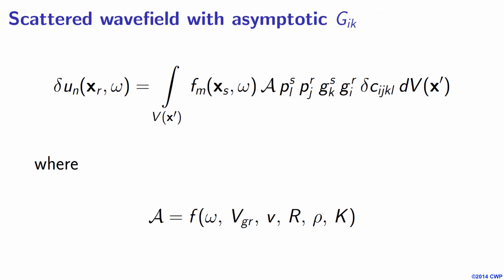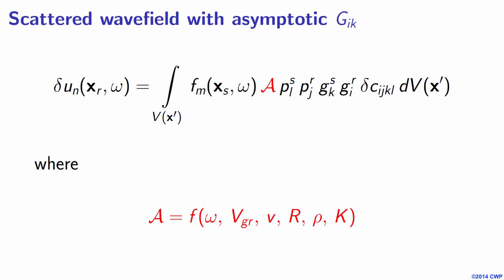So now you've got this huge expression, but I'll walk you through the entire thing. The perturbed wave field at xr is an integral which contains fm, which is the source density function at the source location. Then there's a term a, which is a function of the frequency, the group velocity, the phase velocity, and the distance traveled along the ray path.